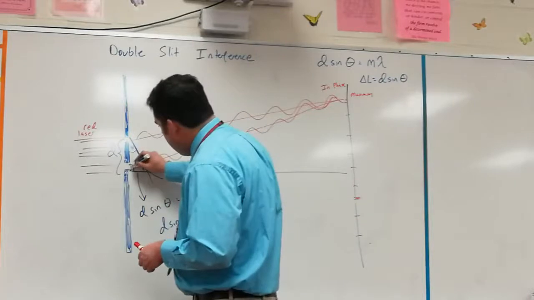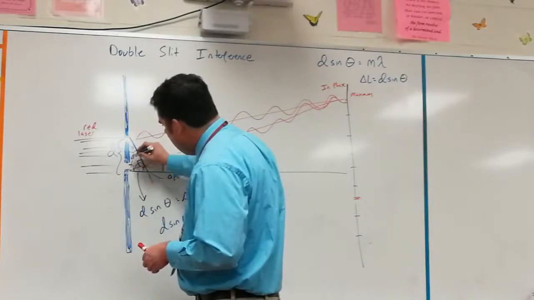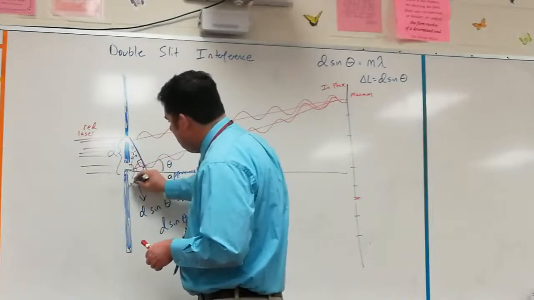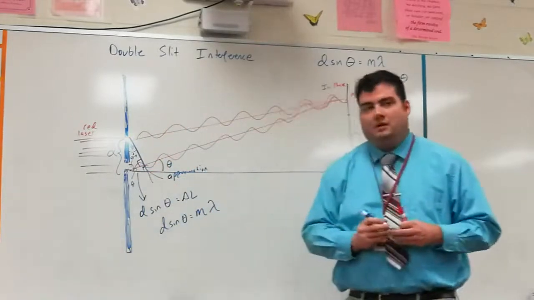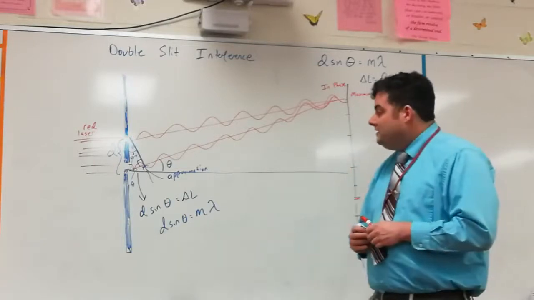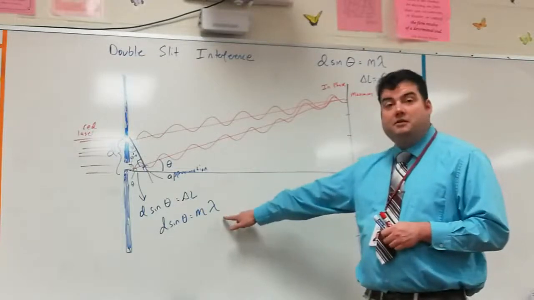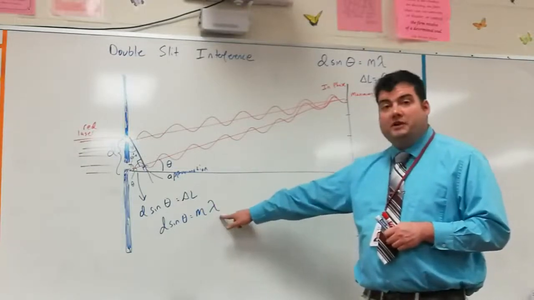So if this is the complement of theta, 90 minus theta, then this here must be theta. So at the end of the day, by making measurements of the interference pattern, we can figure out what wavelength is.